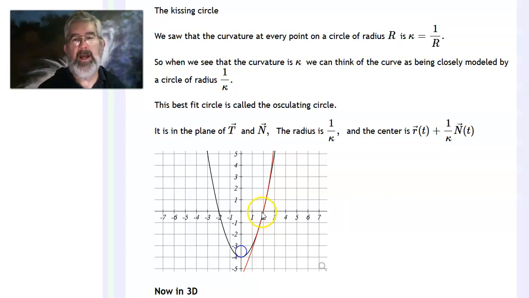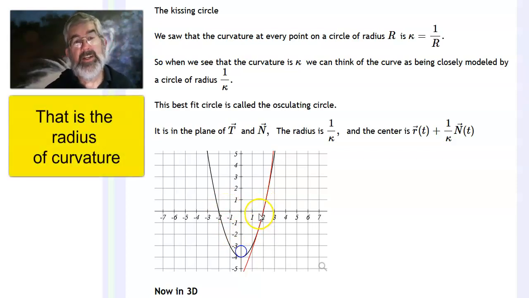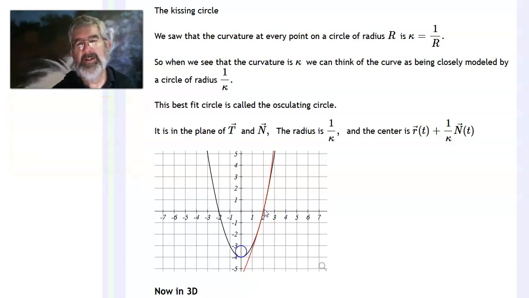Now, I also have in red here another circle at the point 2, 0. The black curve there has curvature, I think it was 17 to the 3/2 power divided by 2, and it's about 35, just over 35. So I went in the direction of the normal vector, and the slope here is 4, so the normal vector has slope negative 1/4.